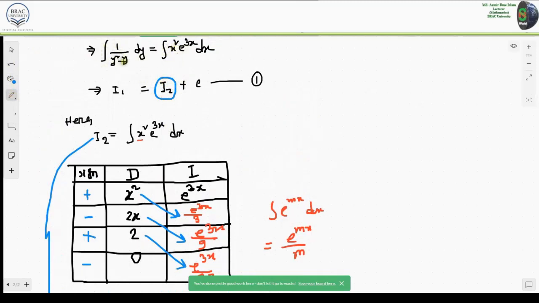And now we have to solve I1. For these two integrals we are using a constant c. So let's solve I1.